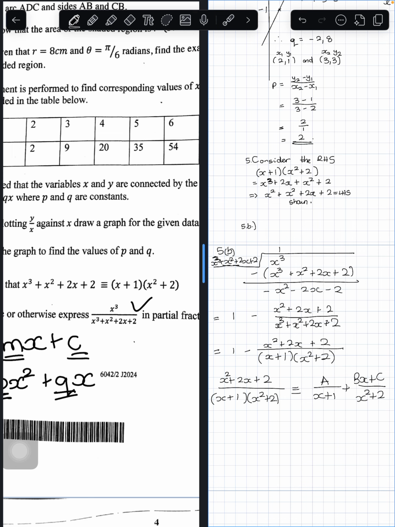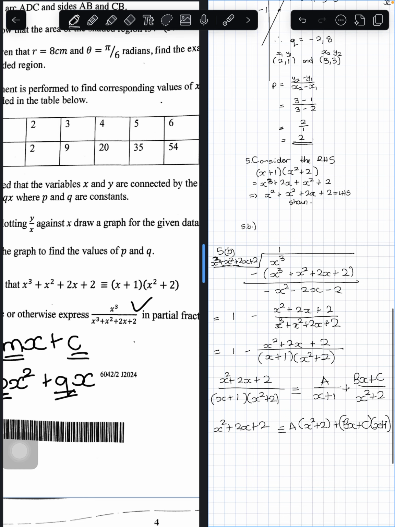All right, it's clear. Let's continue. The next part, we're going to multiply everything by the common denominator, which is x plus 1 and x squared plus 2. If we multiply the right hand side by the common denominator, we're left with the numerator x squared plus 2x plus 2, of which this side will be left with a being multiplied by x squared plus 2, and this side will be bx plus c being multiplied by x plus 1.